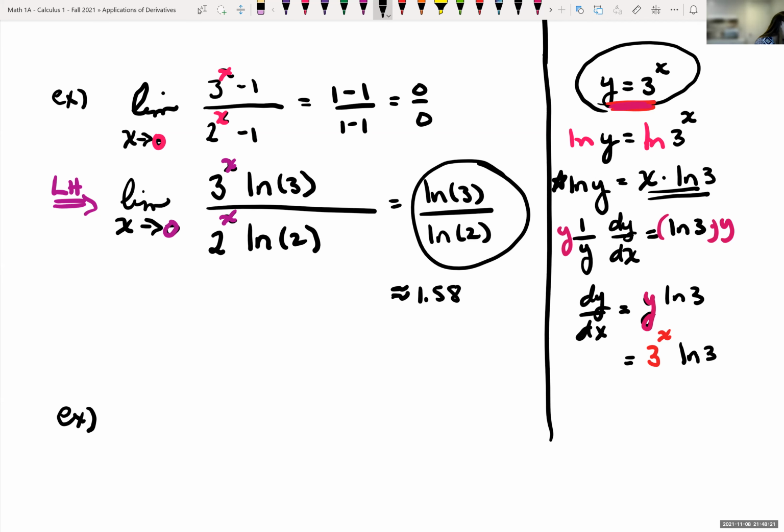I don't know, how about the limit as x is approaching 0 of cosine of x minus 1 all over e to the x minus x minus 1.